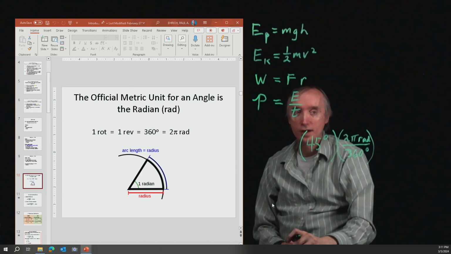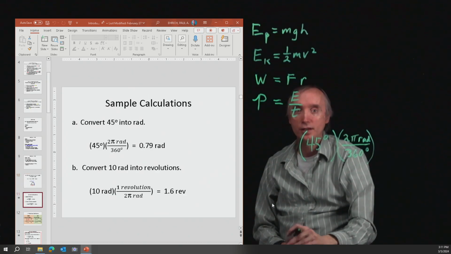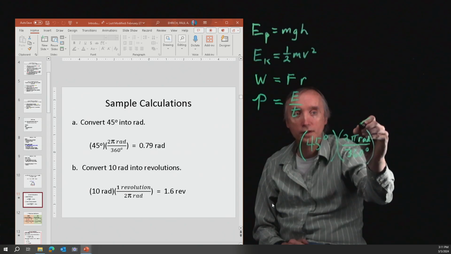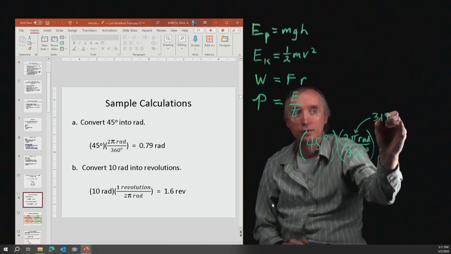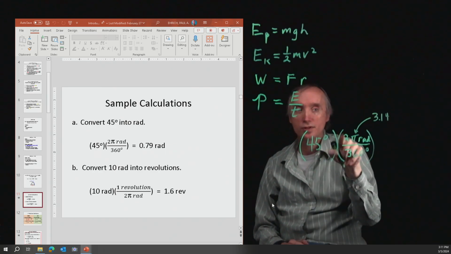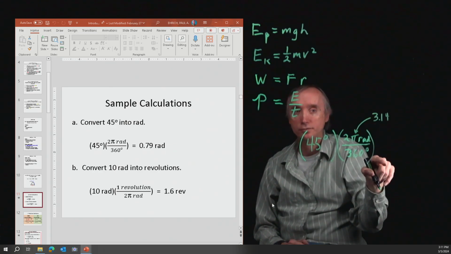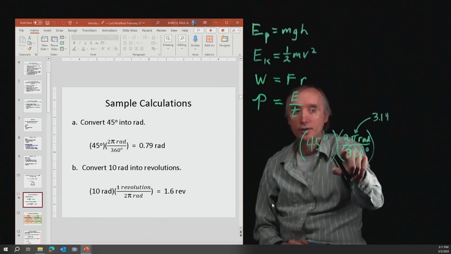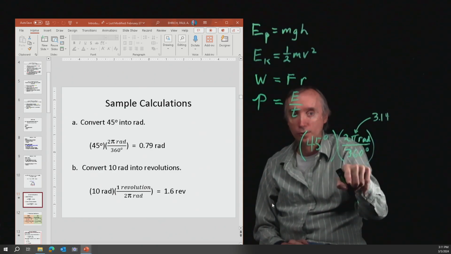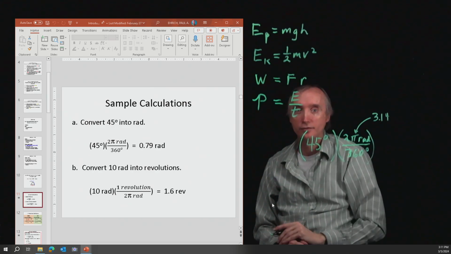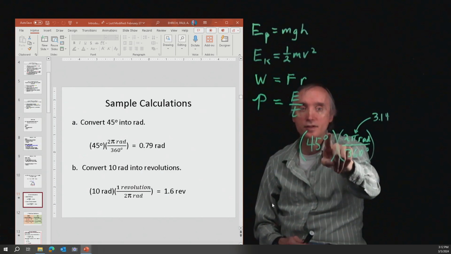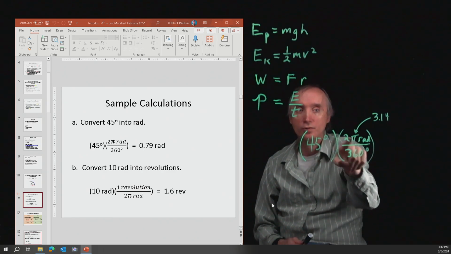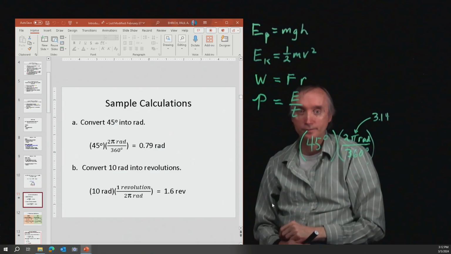With your calculator, you need to put in 3.14 for pi. So you take 2 times 3.14, divide it by 360, and then times 45. It turns out to be 0.79. See, the degrees canceled out, so the only unit left was the radian.